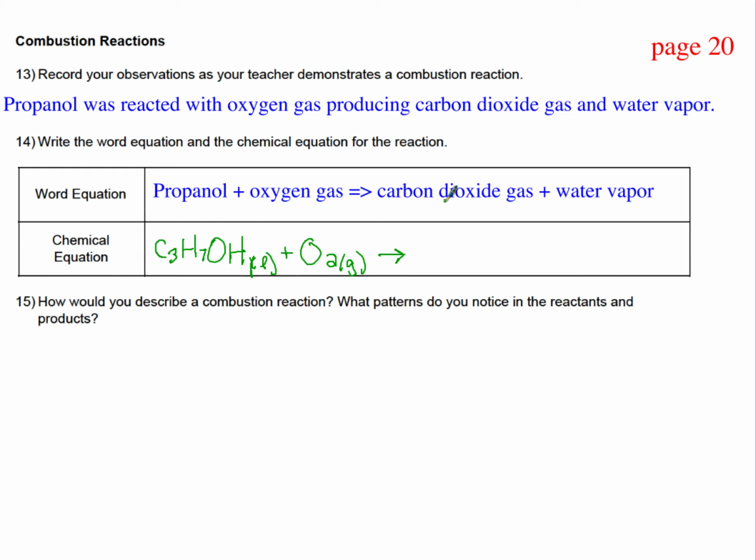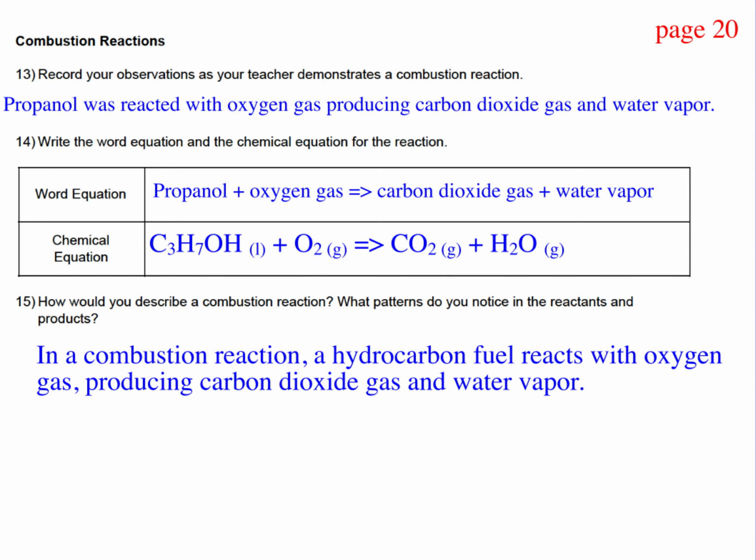So carbon, when you see the prefix, you know that this is covalent. So it's just CO2 gas plus water vapor, H2O gas as well. And then how would you describe a combustion reaction? In a combustion reaction, a hydrocarbon fuel, in this case propanol, reacts with oxygen gas, O2, right?